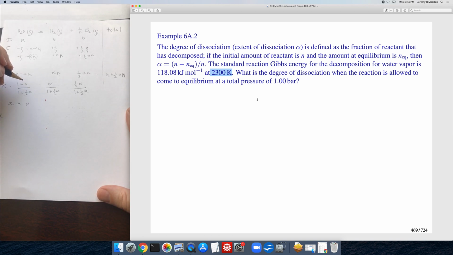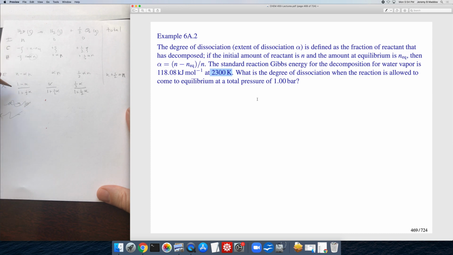In that case, we can neglect alpha relative to 1. Let's make this approximation a little bit later, just to make it better.